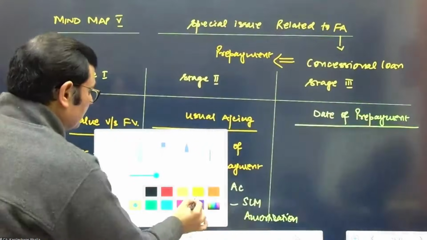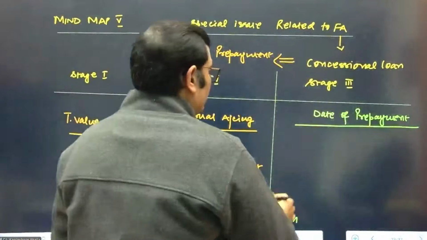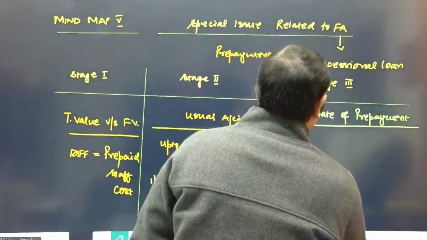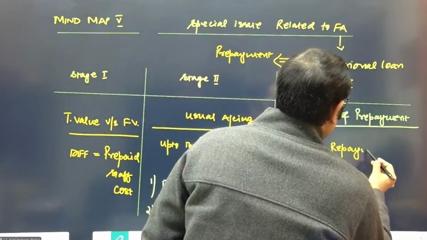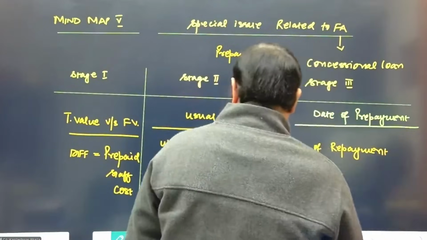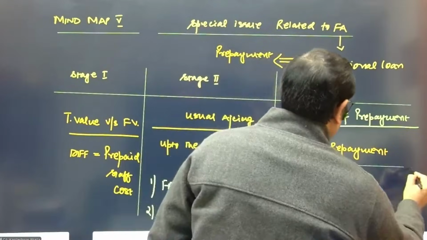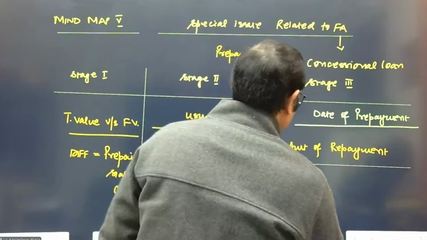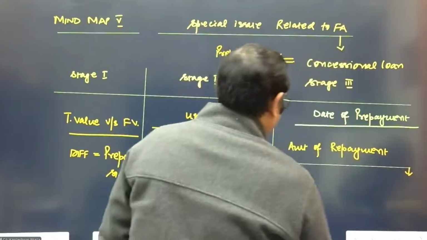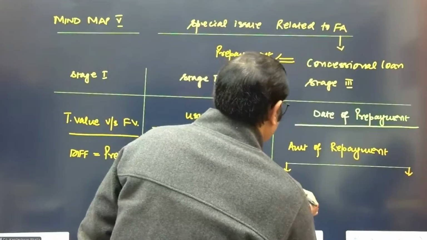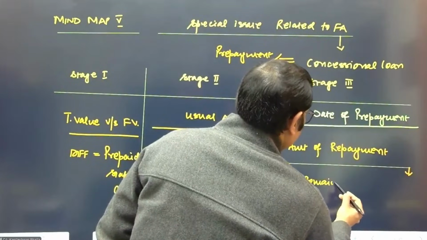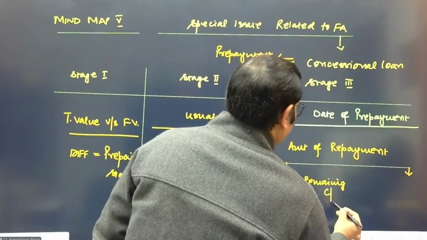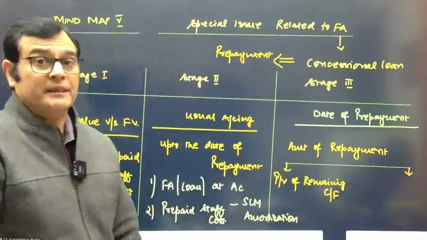The amount of repayment will be split into two components. So we will calculate the present value of the remaining cash flows.